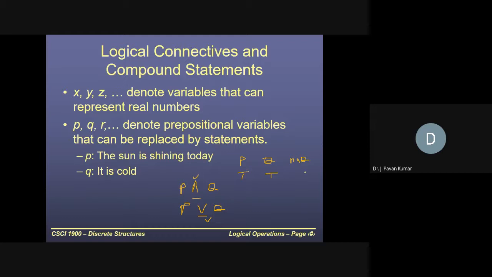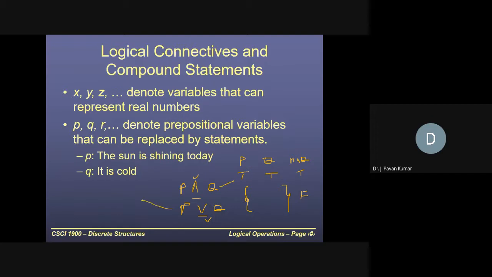Otherwise, it is false. How many cases remain? 3 cases: true true, true false, false true, false false. For all the 3 cases, the output is false. So this is about conjunction.